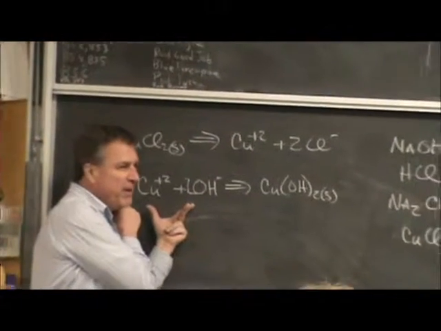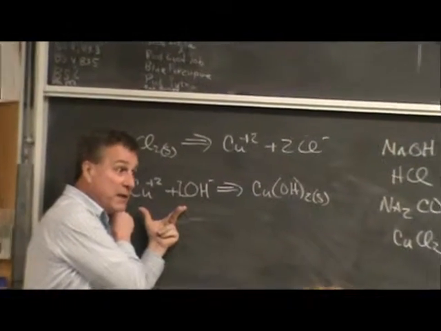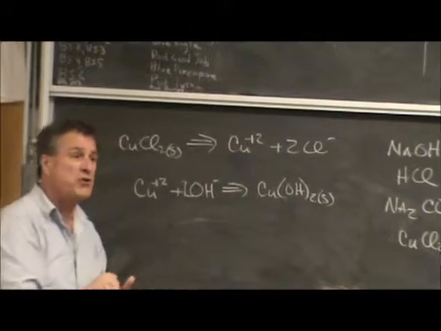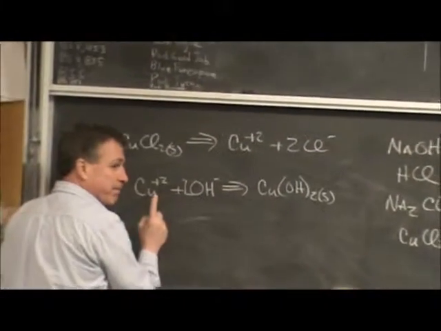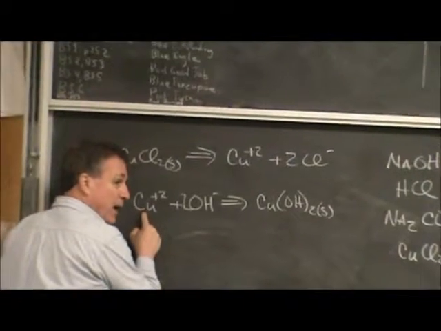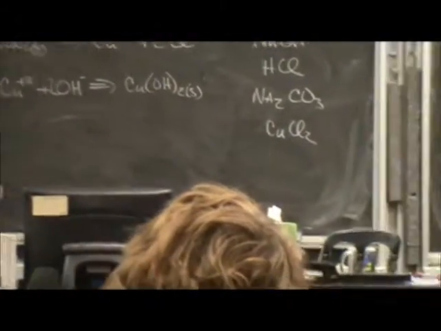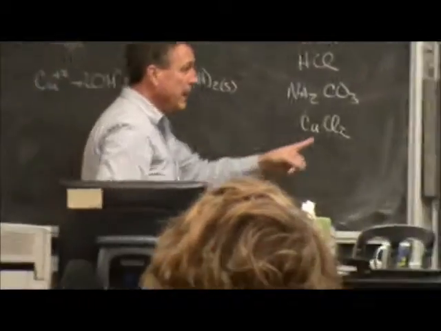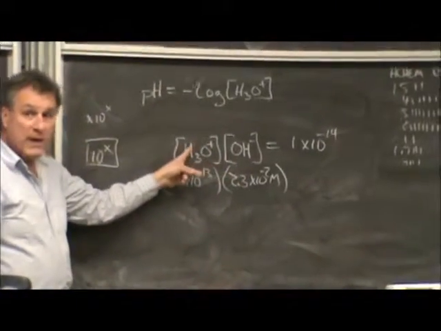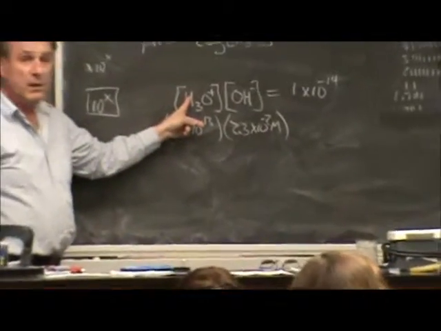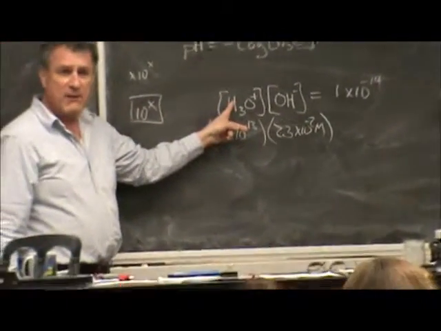Now in water, there aren't very many hydroxide ions, but if copper and hydroxide have a strong attraction for one another, that means adding copper ion to water will reduce the hydroxide ion concentration. And if you reduce the hydroxide concentration, you raise the hydronium ion concentration, and you make the pH less than 7, don't you?